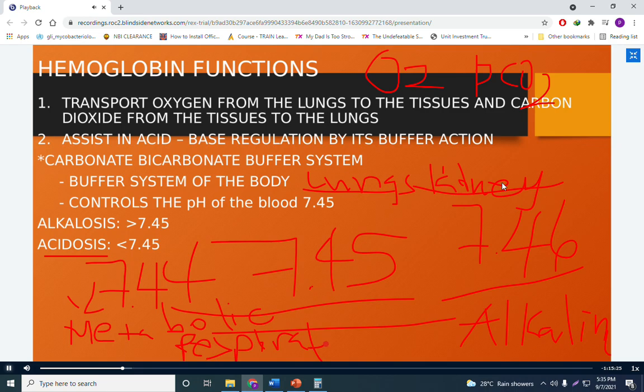The same with alkalosis, class, meron din tayong metabolic alkalosis and respiratory alkalosis. Depende kung aling sa dalawang yan yung may problem. So I won't divulge kasi sobrang tagal yan pag in-explain ko, baka maubos yung time natin. So just remember, class, if your pH of blood is greater than 7.45, it becomes alkalosis. If less than 7.45, it becomes acidosis. Okay.